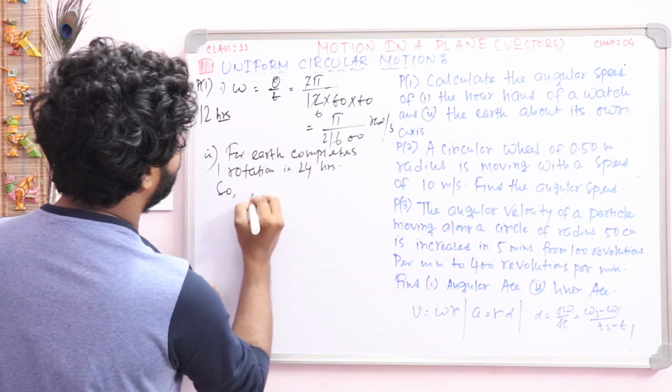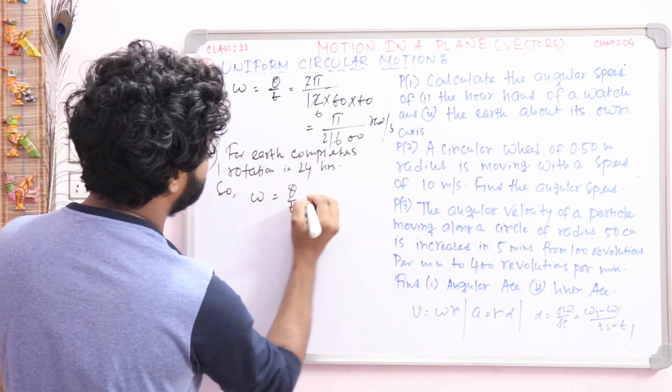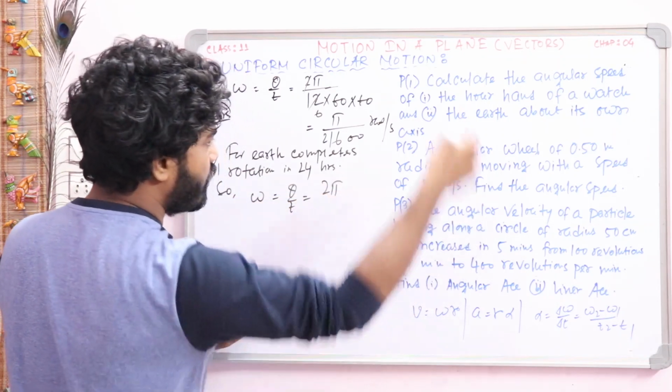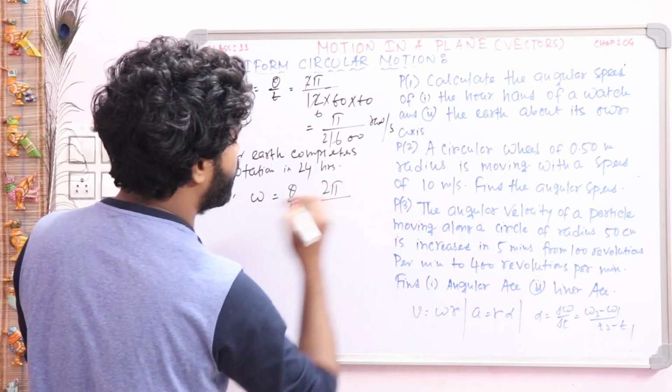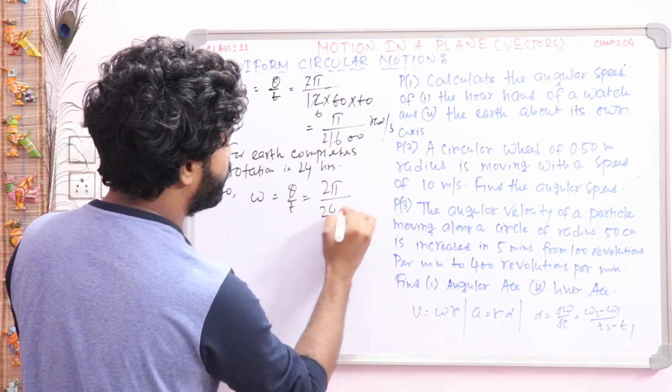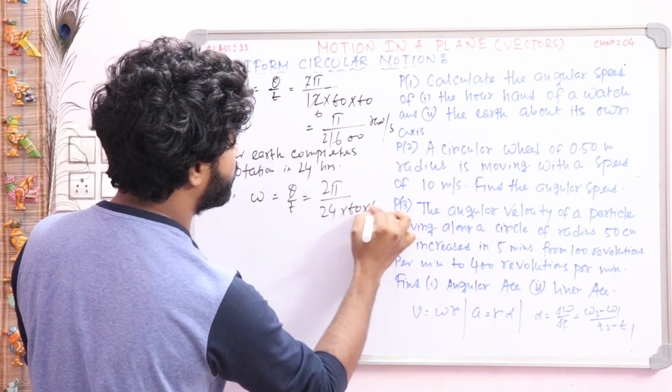So omega will be theta by t, in the place of theta, that is 2 pi, the total rotation angle 2 pi, and here t will be 24 into 60 into 60.